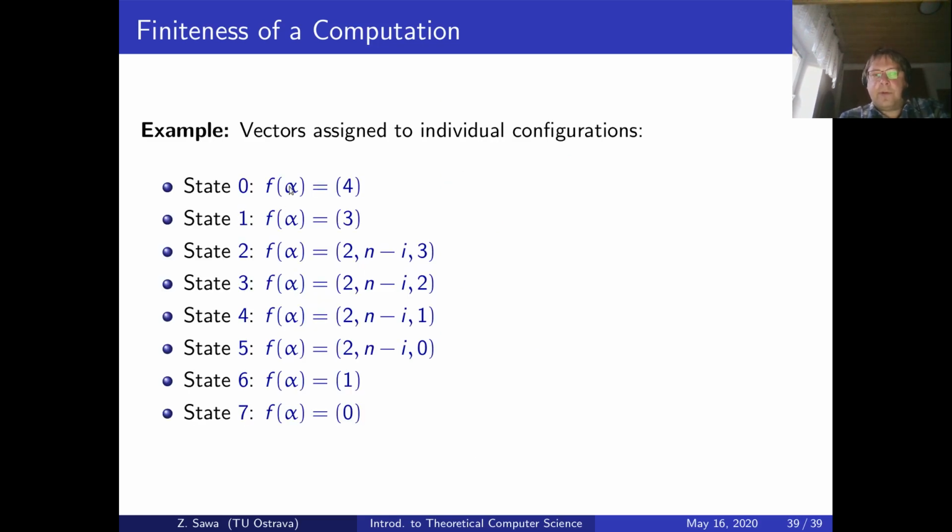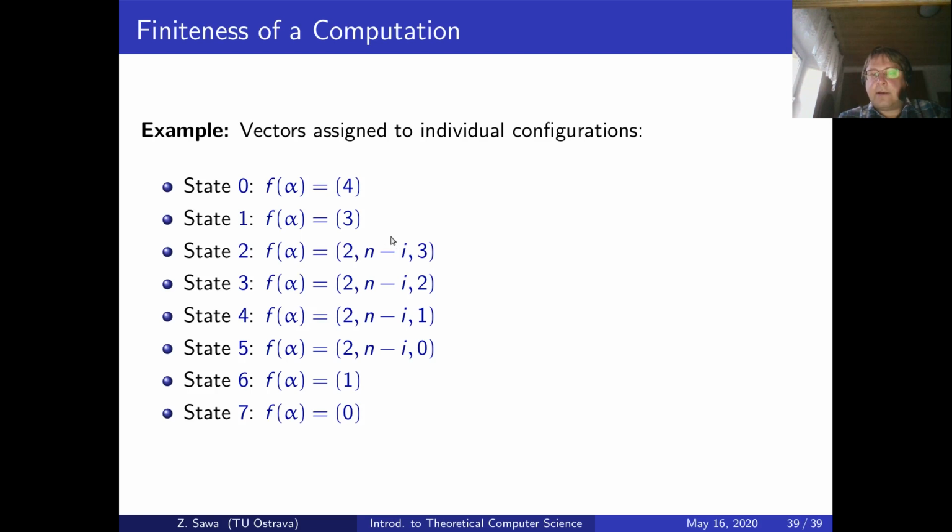Let's consider once again our simple example of an algorithm, and let's consider a function f that assigns to configurations, depending on the current control state, the corresponding value. So for state 0 it's a vector of dimension 1 containing just the value 4. For state 1 it's the vector 3. For state 2 the vector will have dimension 3, and the first element will be 2.